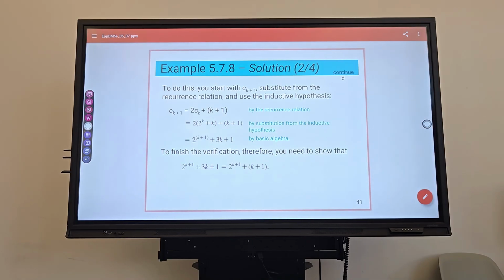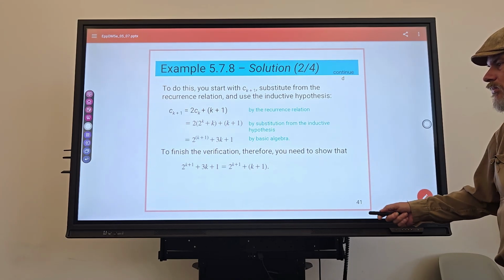To do this, you start with C sub k plus 1, substitute from the recurrence relation, use the inductive hypothesis, and do some algebra, and finish the verification. Therefore, you need to show that this here is true.